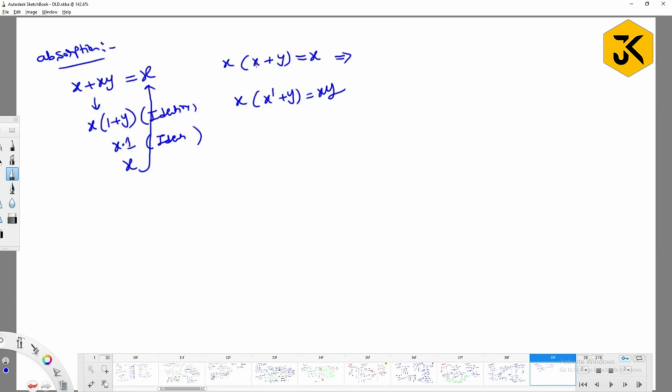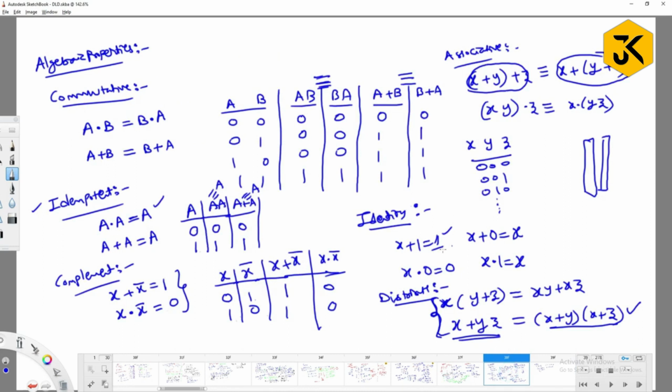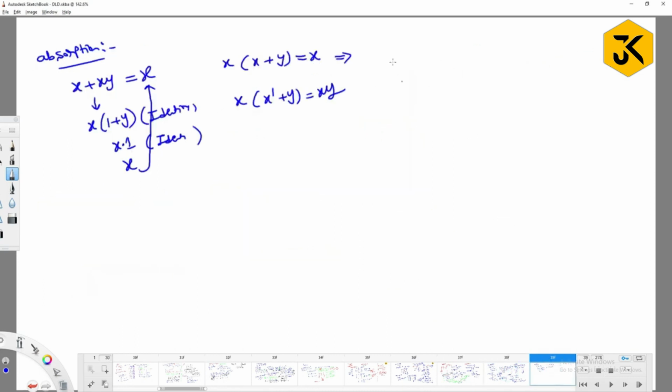If you take x of x plus y and apply the distributive property, distributing x to the inner side, you get x into x plus xy, that is x plus xy. You can take out the x as common, again you get 1 plus y, so you get the value. Similarly, try to solve this one.